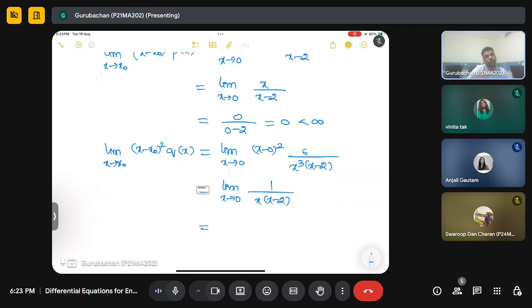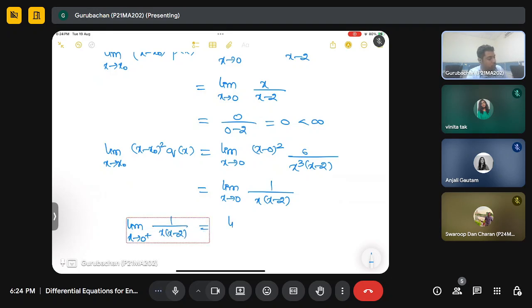So clearly from here, will this exist or not? First of all, if you come from the right hand side, x tending to 0 plus, you will get some kind of infinite quantity, and from 0 minus you will get a minus infinite quantity. So let me check this one for limit x tending to 0 positive, 1 by x into x minus 2.